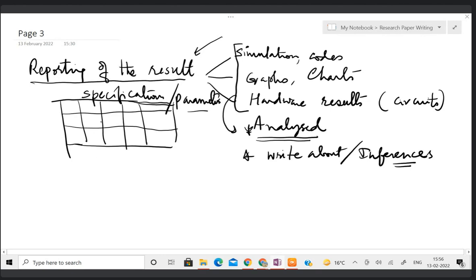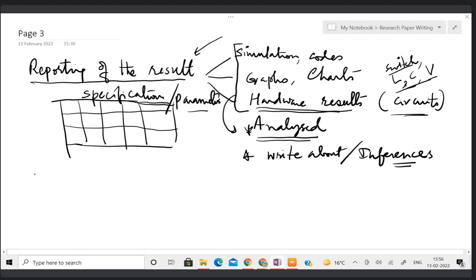Say for example, if you have taken hardware results, then what are the specifications of various components of the circuit, like the inductor, capacitor, voltage supply, or switches. You need to mention the rating of those switches, the details of the manufacturer, and all those things in this section.